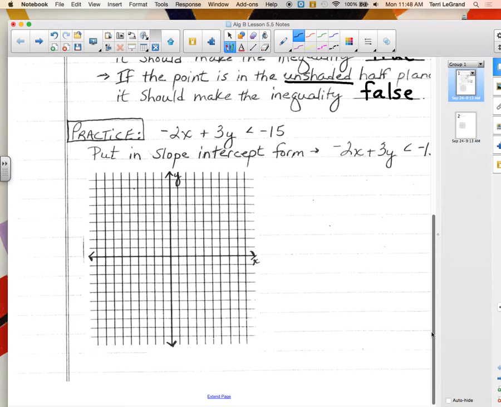Does anybody remember one of the rules about inequalities that is a little different than equations? We solve inequalities the same way, except what? There's a different type of symbol, an inequality symbol. What do we do to solve equations? We add, subtract, multiply, divide.